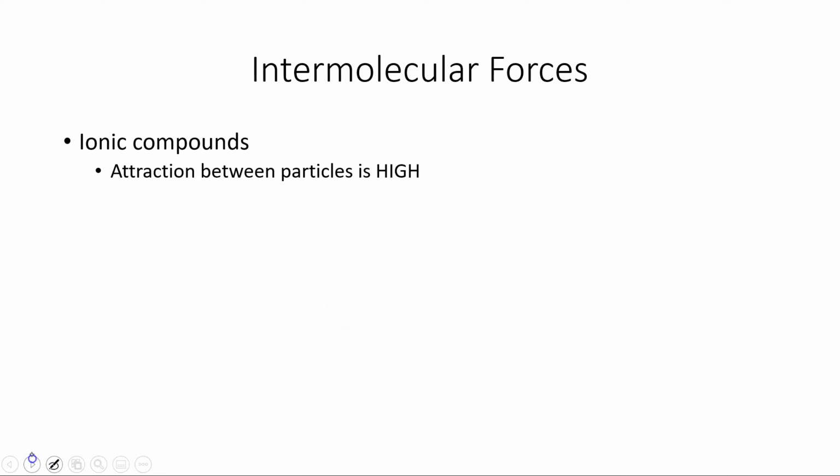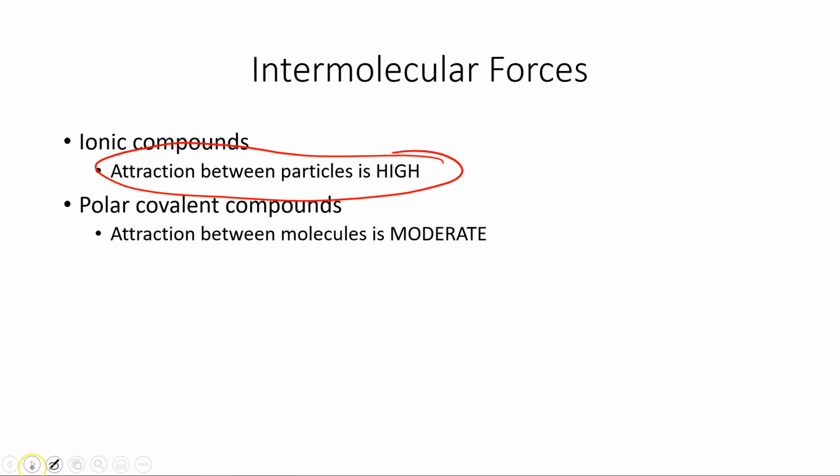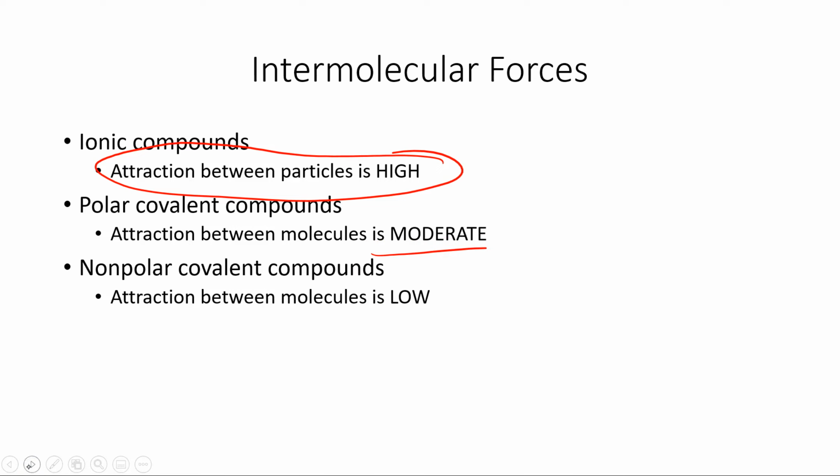So intermolecular forces: ionic compounds have very high attraction between the particles. Polar covalent compounds have a moderate degree of attraction. And we could describe nonpolar covalent compounds as having low attraction. Again, I want to remind you one more time, we're not talking about the bonds. If we have methane again, H, H, H, H, I'm not talking about the strength of that attraction.